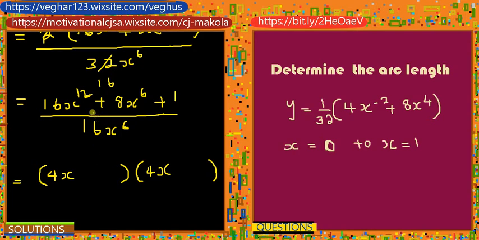So 4x, yeah, and then the power is 6 here, so that means you have a power of 6 here, plus 1, because 1 does not have a multiple, you only have a factor of 1.